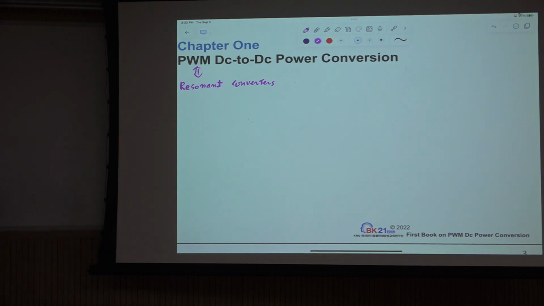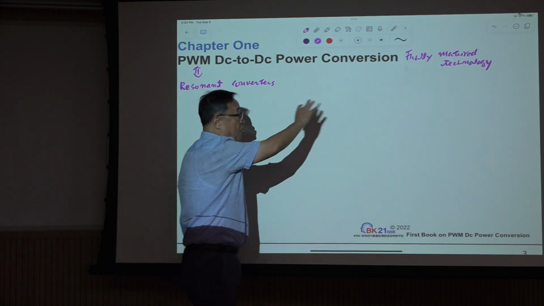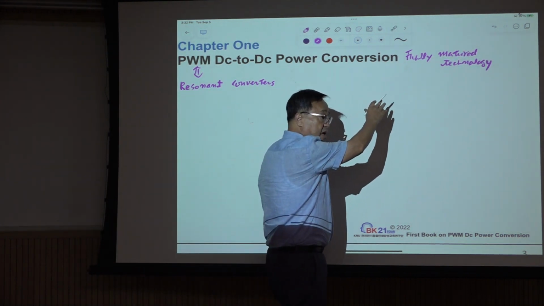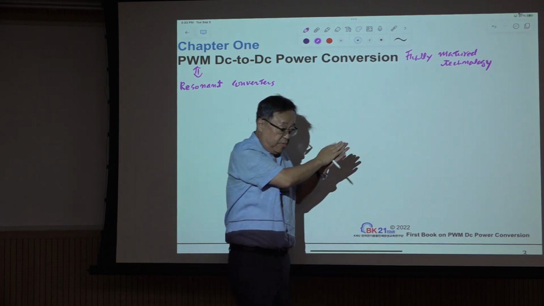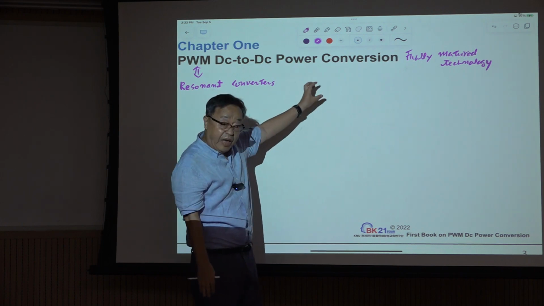This converter is fully matured, and very systematic. Everything was discovered by researchers, and I have full knowledge about this, not 100%, but a very good percent of this part.